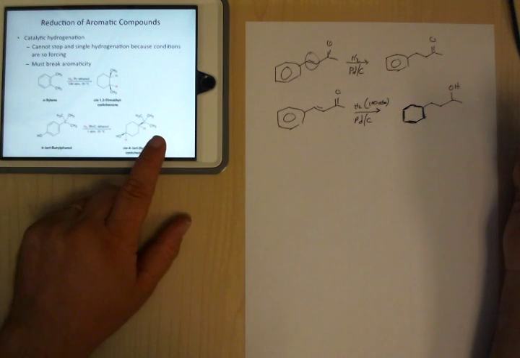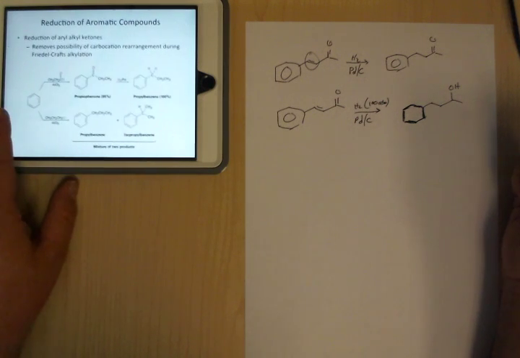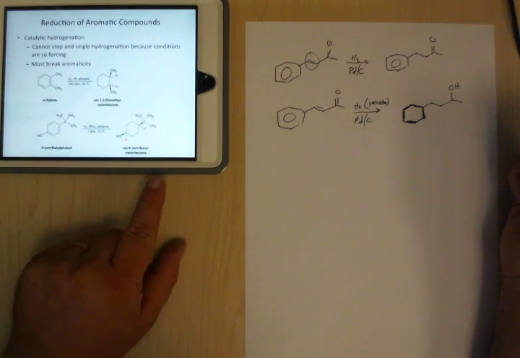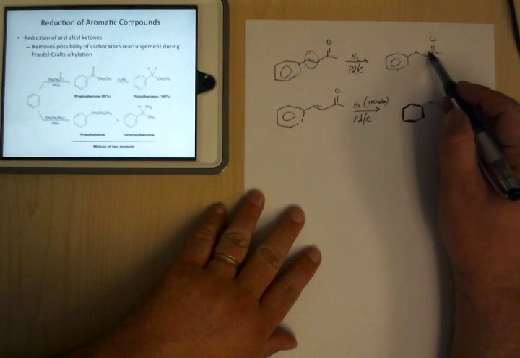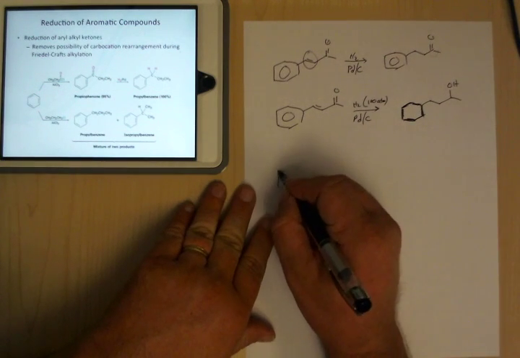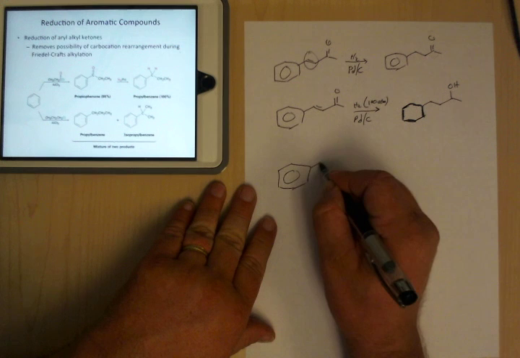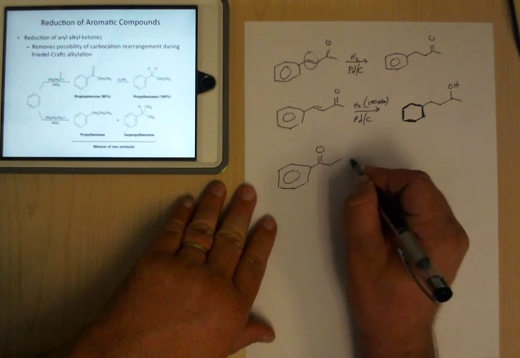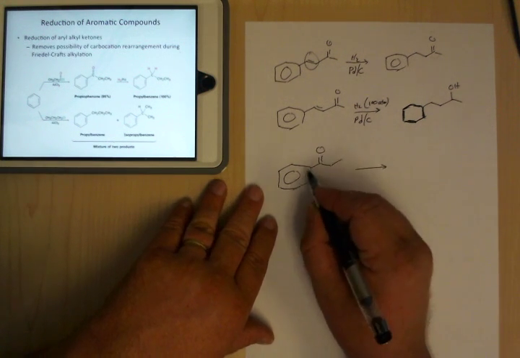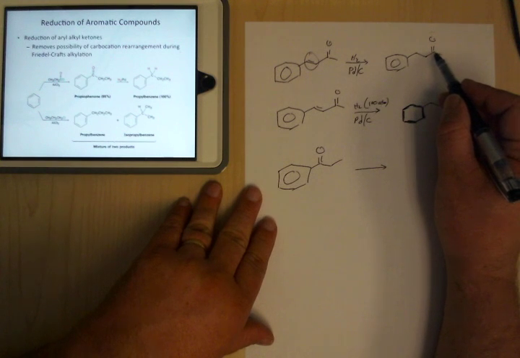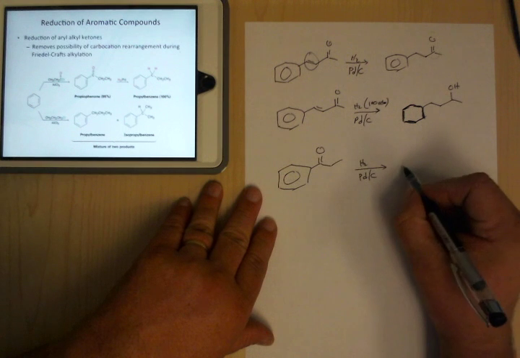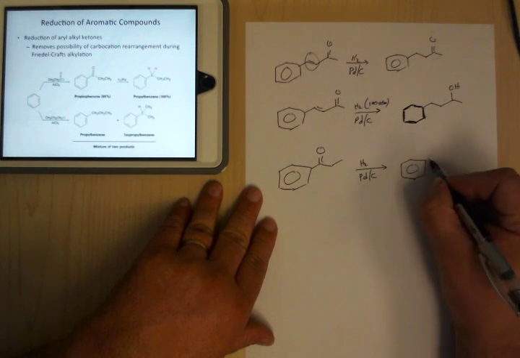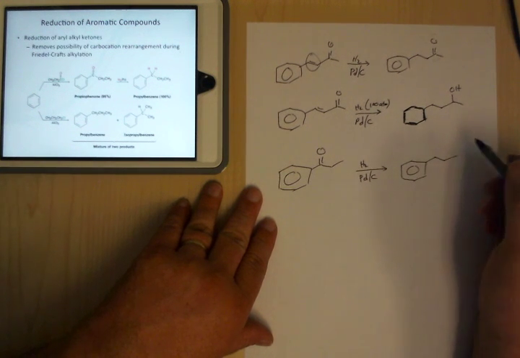Well, it turns out that if this C double bond O is right next to that ring, and it has to be right next to it, here it won't do anything, if it's right next to that ring, H2, just regular conditions, it will get reduced, and specifically to a CH2.